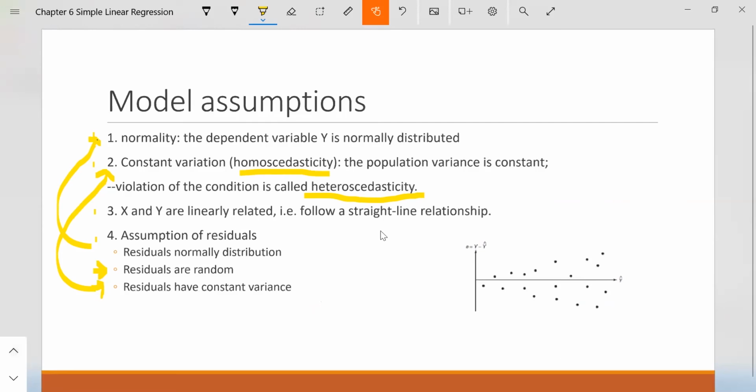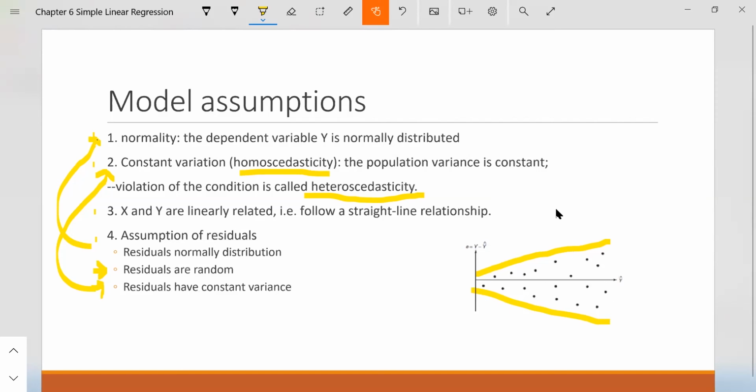And I want to show you a situation where the variance is not constant. Back on this page, if you look at this scatter plot, it is still the residual versus the fitted Y. You would notice that the dots are fan-shaped, right? At the beginning, the variance is small, but towards the end, the variance is big.